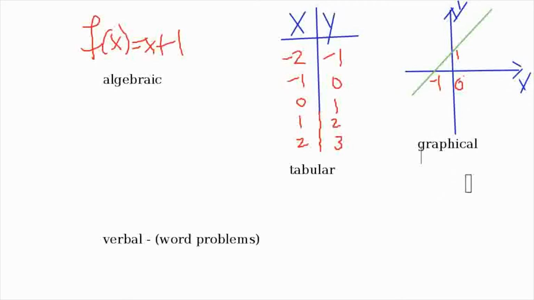So this is the challenge. That's one of the challenges for this year, being able to do word problems, solve real world problems, and then present your information or work with information in these different representations.